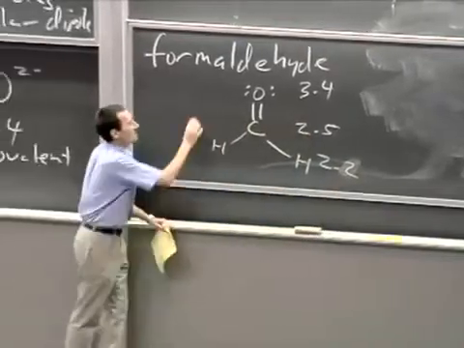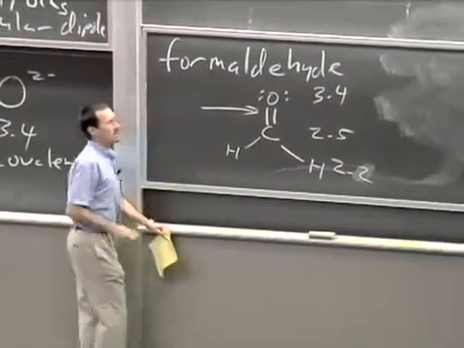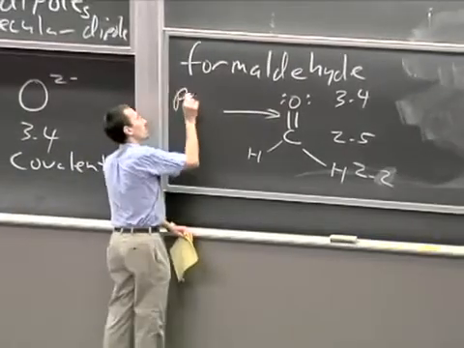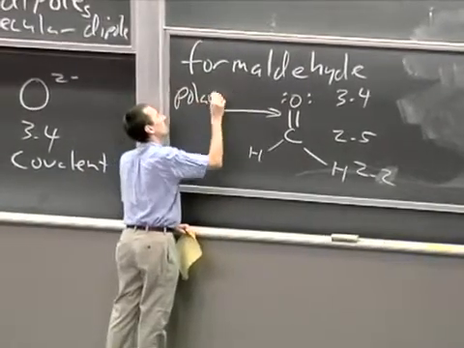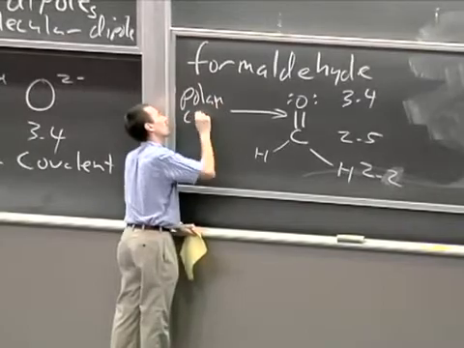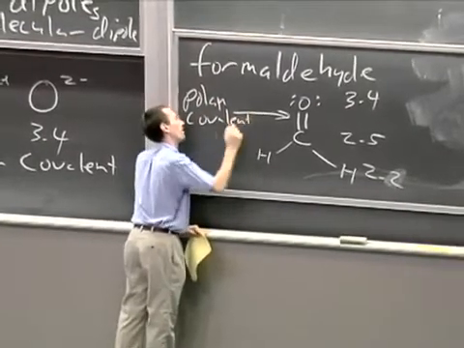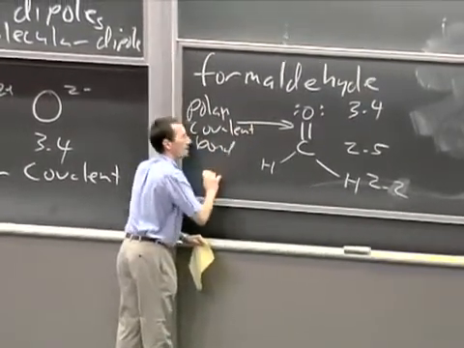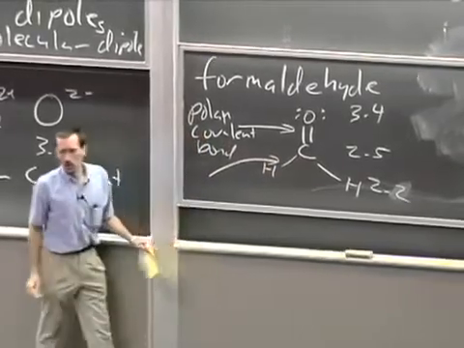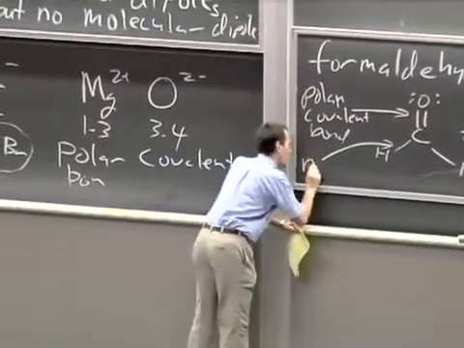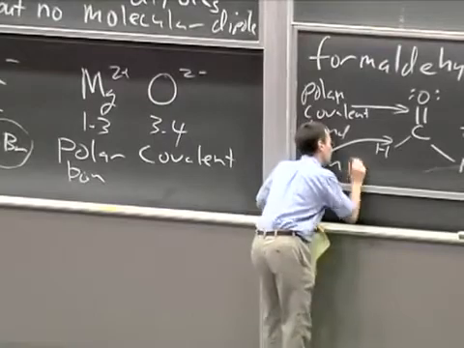So we would call the CO bond a polar covalent bond. And the CH bonds, for all intents and purposes, are nonpolar covalent.